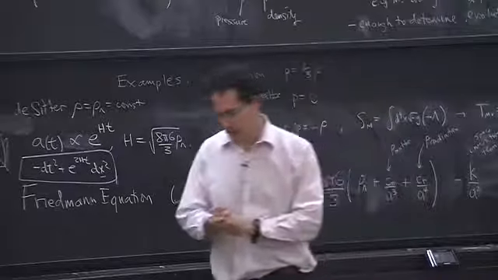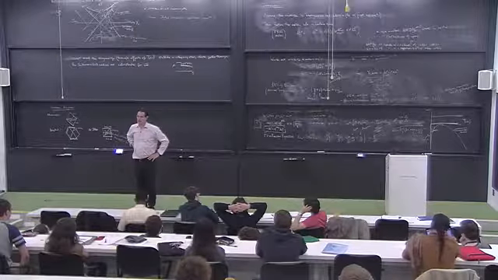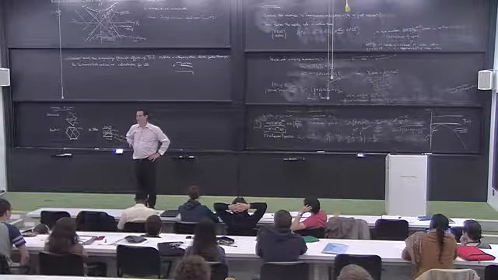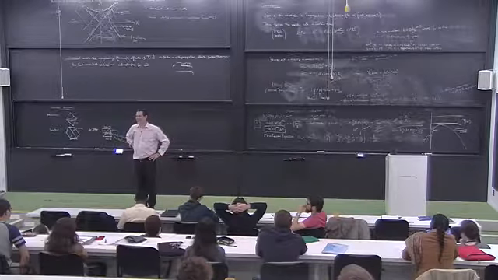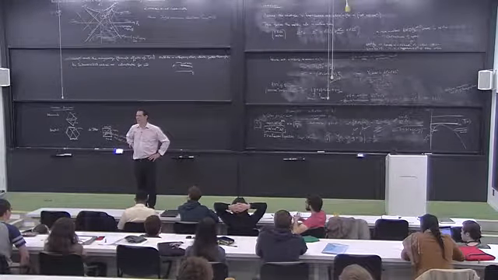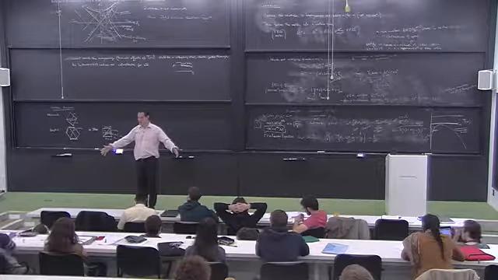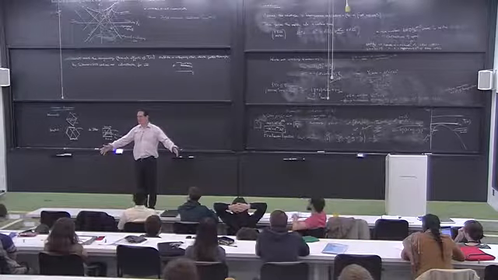If you want an intuitive picture, it's difficult to give you one. The way I think about it is that to construct de Sitter space, this negative pressure is repulsive.